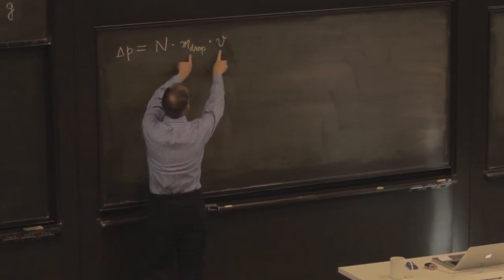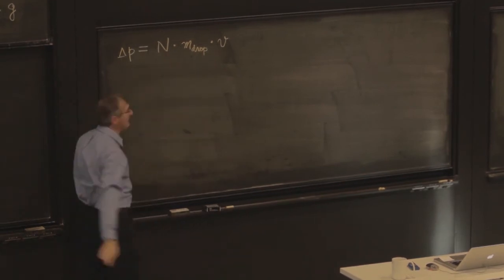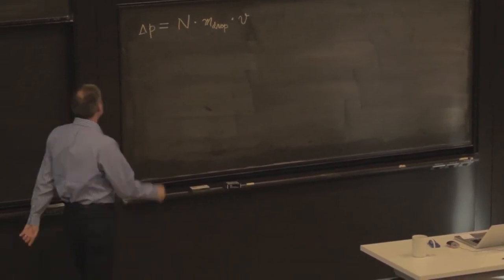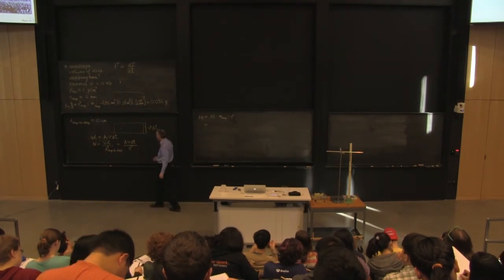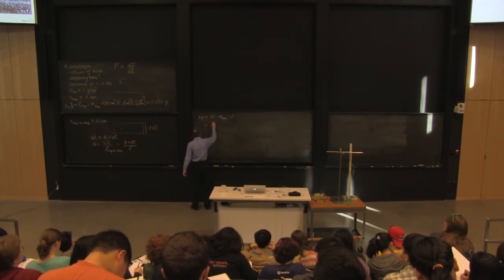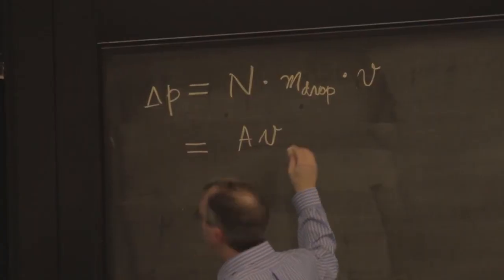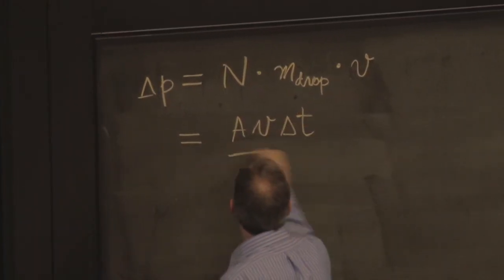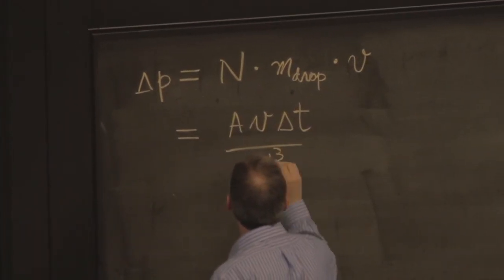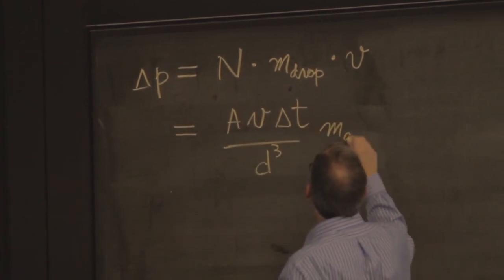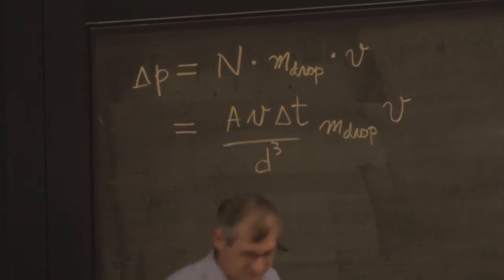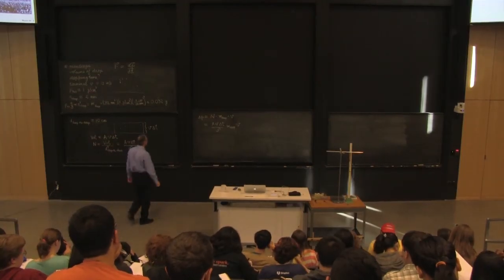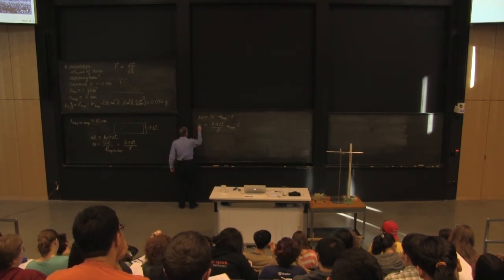So that's the momentum per drop. That's the number of drops. So let me put it all together with this expression for n. So we have A v delta t over d cubed times m drop times v. So it looks like we have two powers of v that come in there. Okay? So that's delta p.